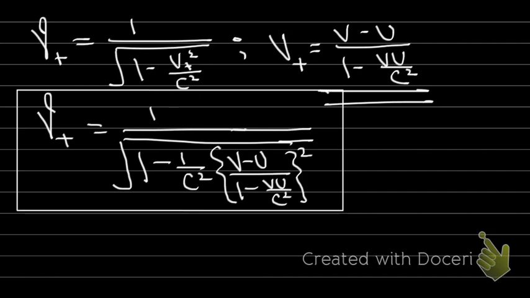Now I will solve for this denominator term inside the square root. We will simplify that and write it down later, and substitute it back into this equation. So let me go ahead and do that on the next page.